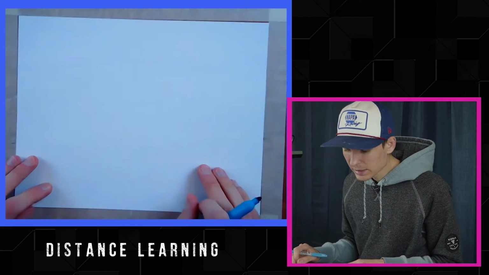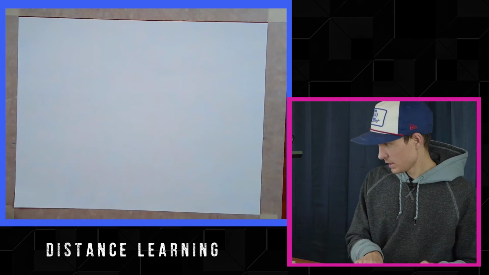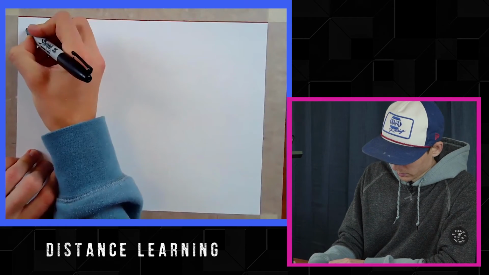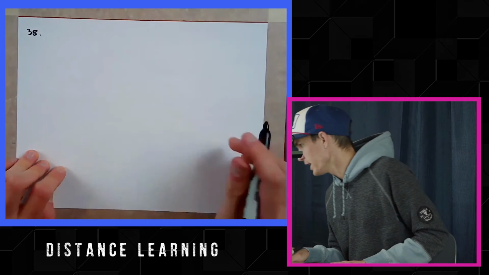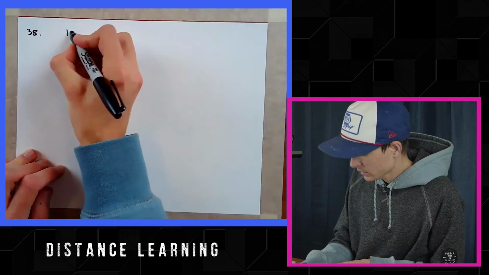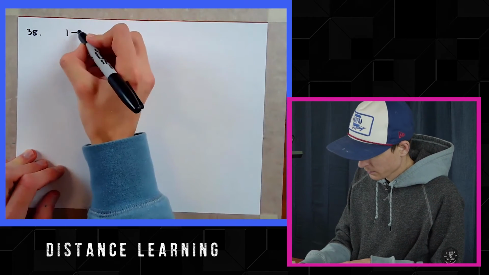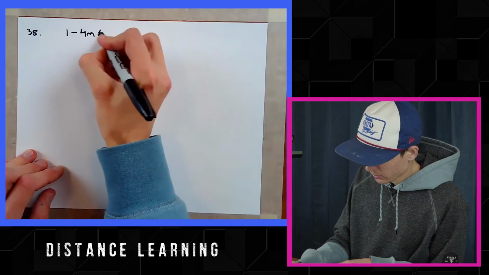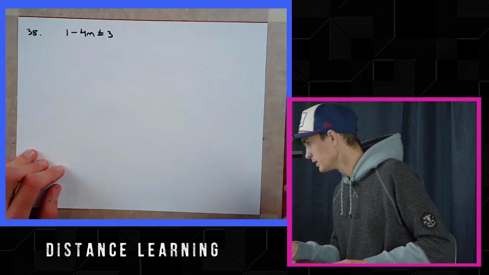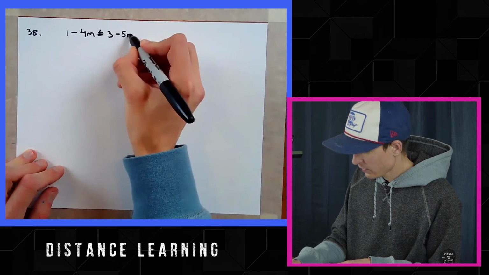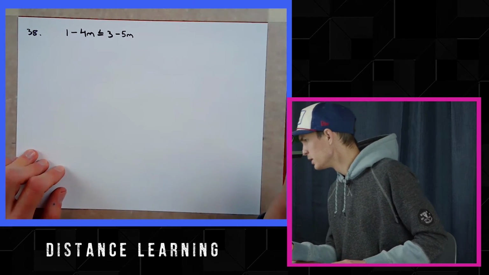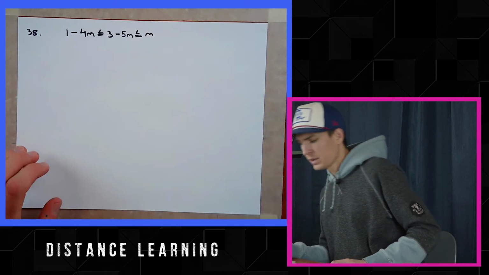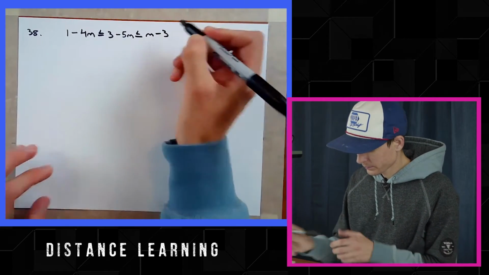So the last example I want to do, and I really tried hard to find a difficult one, so this is the best I could do, because they're not difficult. This is number 38 in your book, if you have our book. 1 minus 4m less than or equal to 3 minus 5m less than or equal to m minus 3.